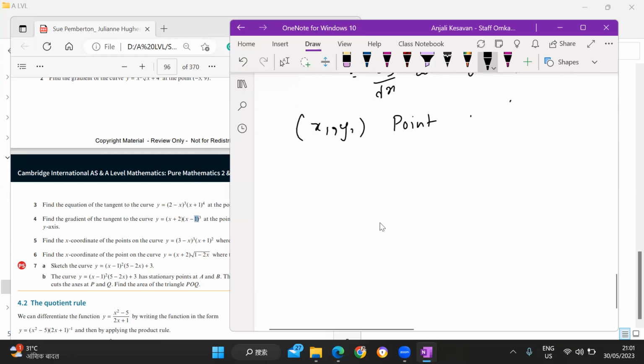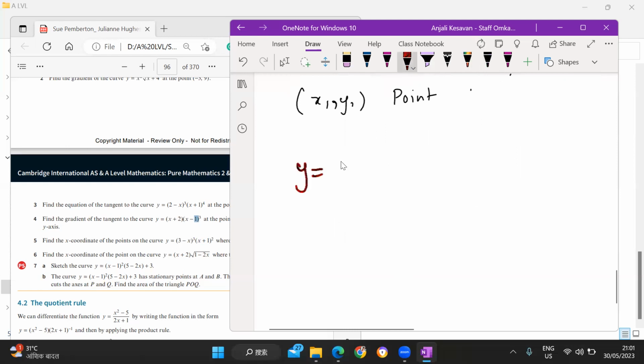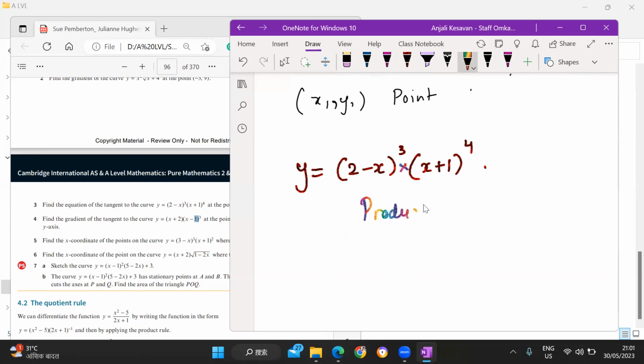Now, first of all, do we have a curve here? So y is equal to (2 minus x) the whole cube times (x plus 1) the whole raised to 4. So you can clearly see that these two expressions are multiplied to each other. You cannot differentiate it easily, so we will have to apply the product rule. And what is the product rule? uv. You can mark this as u, you can mark this as v, or vice versa, up to you.